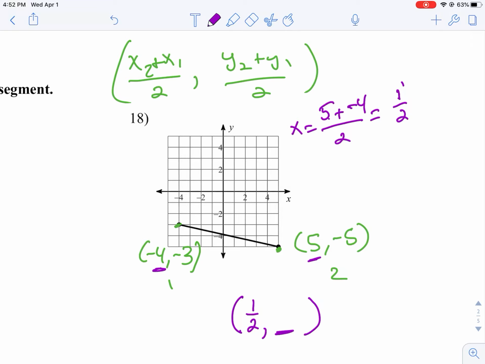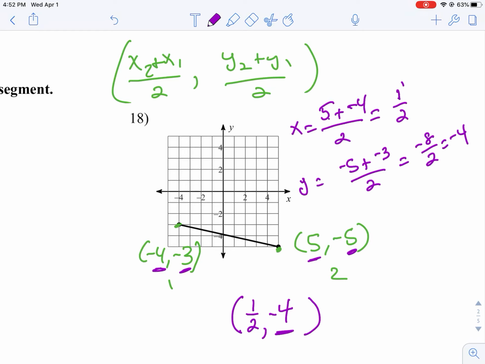Now we got to find the y value. So the new y is y of the second value, -5, plus y of the first one, -3, over 2. -5 plus -3 is -8. Divided by 2 is -4.